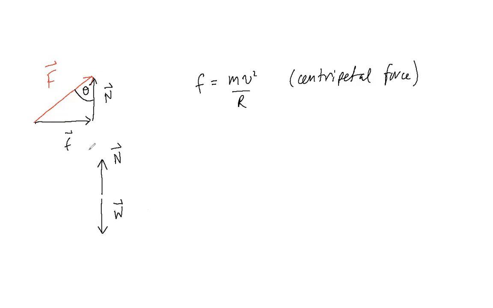And the cyclist is not accelerating in this direction, so that means these have to add up to 0. And so the normal force is equal to the negative of the weight. And so the magnitude of the normal force is equal to the weight.